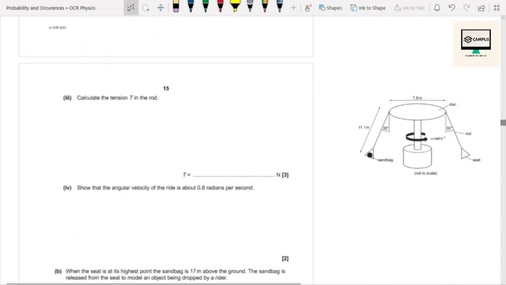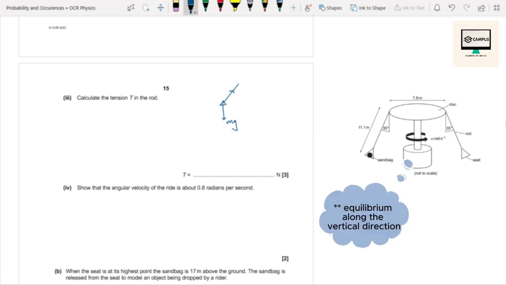Part 3, 17a, part 3, calculate the tension in the rod. So this was the sandbag, and here was the tension T, and this is the vertically downward weight mg. Since this is in equilibrium at any particular instant, the vertical component of the tension should equal the vertically downward acting weight.